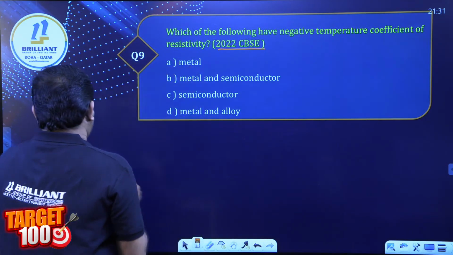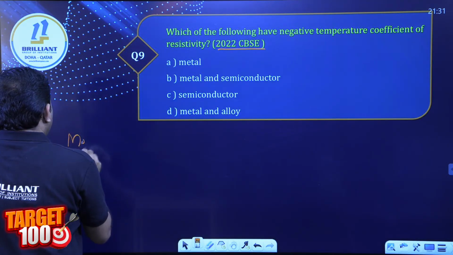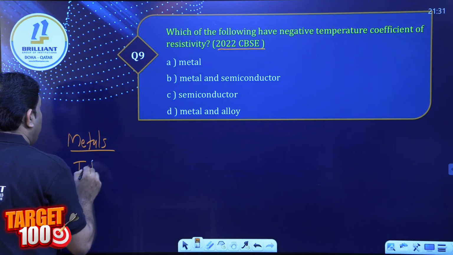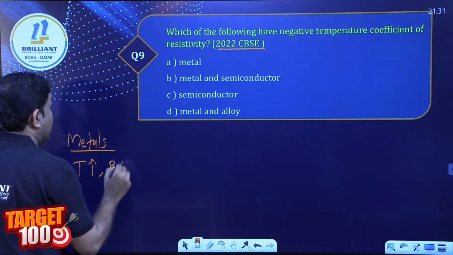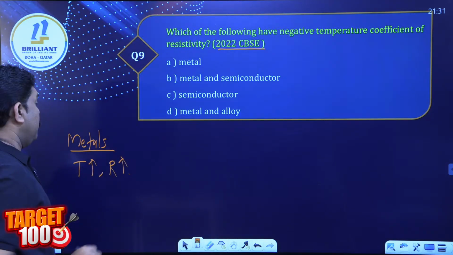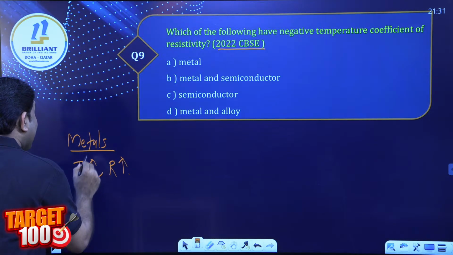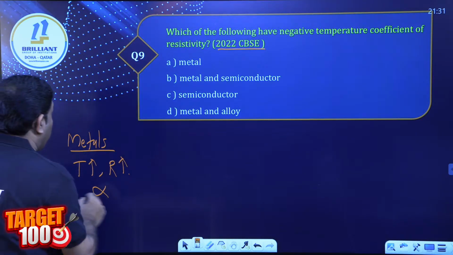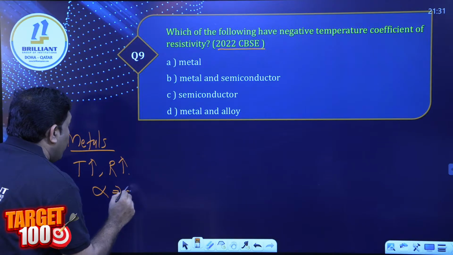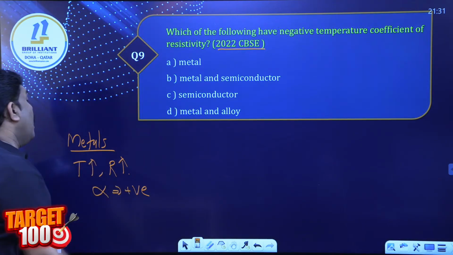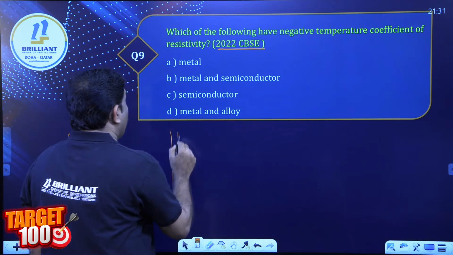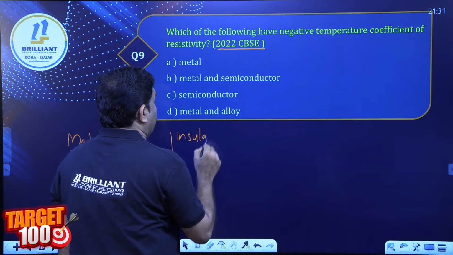We know in the case of metals, when temperature increases, resistance also increases. So the temperature coefficient of resistance alpha will be positive.